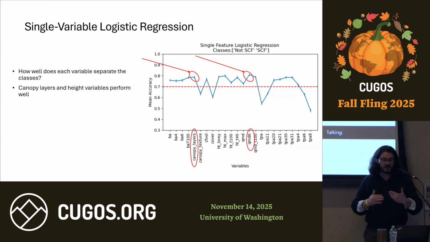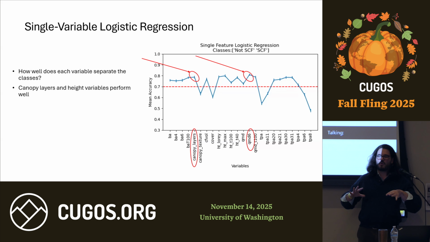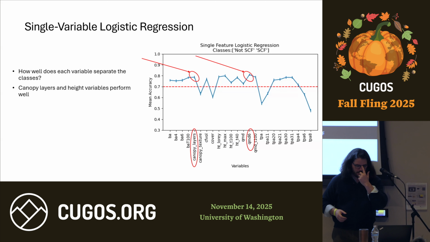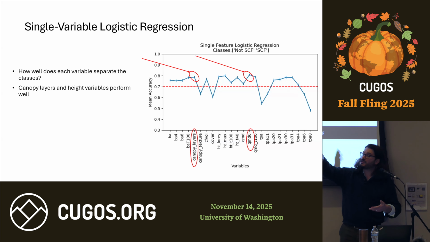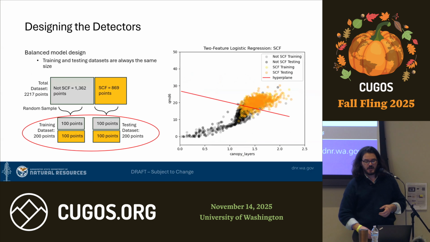You can see that some variables do better than others, right? Like canopy layers does pretty well. And QMD6, that's the quadratic mean diameter of trees with diameter larger than 6 inches. Trees that have a diameter larger than 6 inches are also very tall. That's kind of your height metric. And so we can use these two to build models.